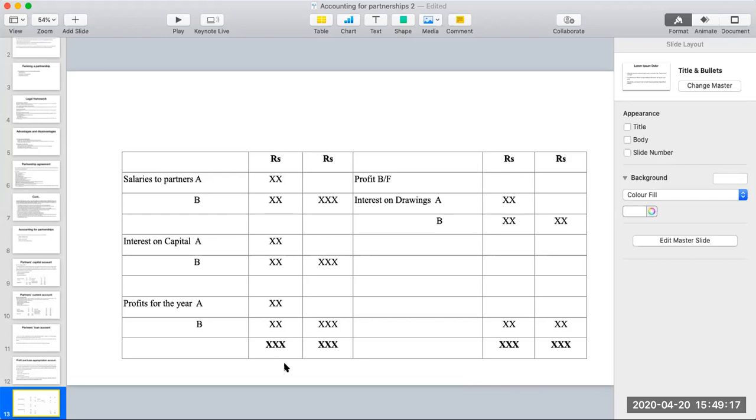On the other hand, salaries to partners, interest on capital, profits for the year, those are income or amounts that are being paid to the partners. Therefore, these will be credited to the current account and debited to the profit and loss appropriation account.